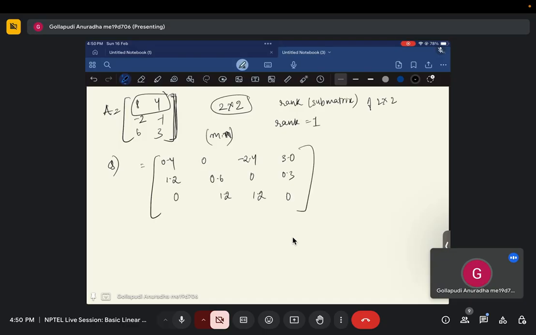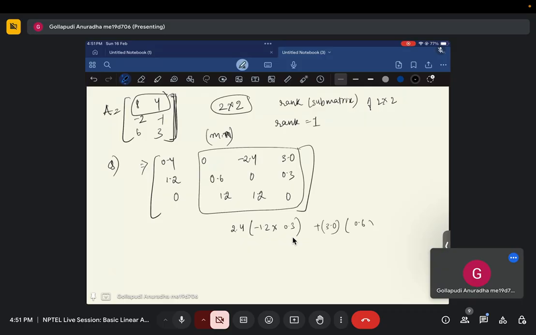So what is the rank of this matrix? For example, if you take this submatrix, okay, I'm getting a nonzero value here.